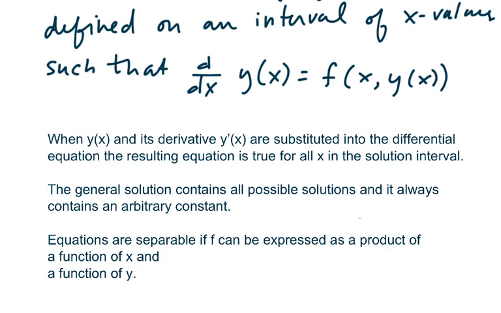The general solution contains all possible solutions, and it always contains an arbitrary constant. Equations are separable if that function f can be expressed as a product of both a function of x and a function of y.